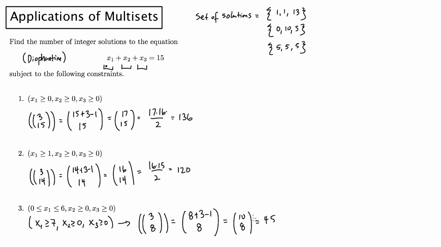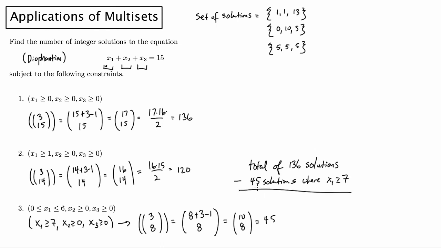So that doesn't answer our problem. That answers the opposite of our problem, which is x1 having to be bigger than or equal to 7. But the point is, I know that the total number here is 136. So there are a total of 136 solutions, and I'm going to subtract off the 45 solutions where x1 is bigger than or equal to 7.